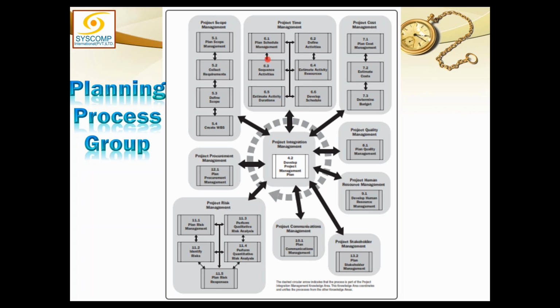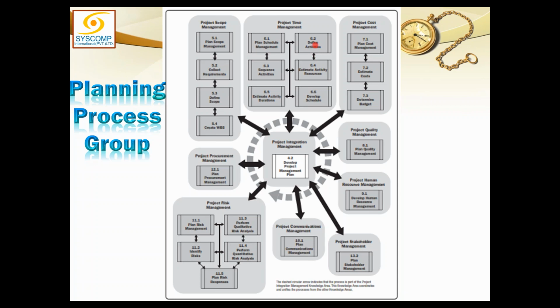But when I am creating these instructions, I do not know the activities, because activities will be identified in a subsequent process based on the instructions given by the schedule management plan. So schedule management plans are instructions, and based on those instructions I will follow these processes and create some outputs.